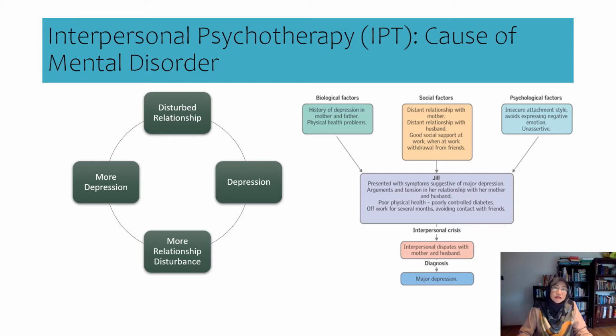Now, the other aspect that you have to look at when we talk about causes: IPT also does not deny the contribution of biological factors, such as a family history of a mother or father who had depression. Physical health problems can also contribute to depression.